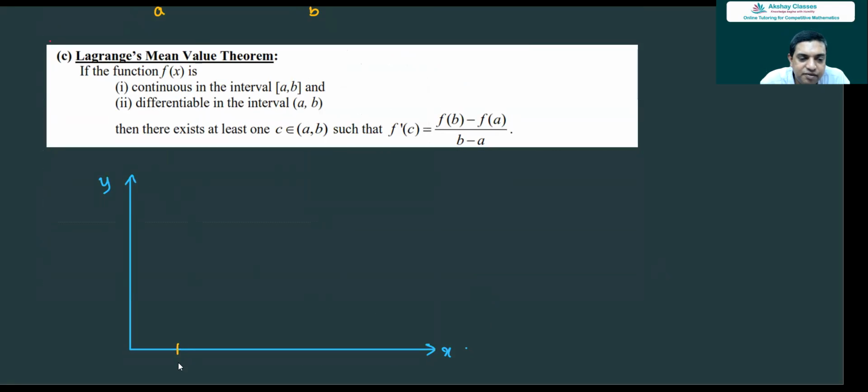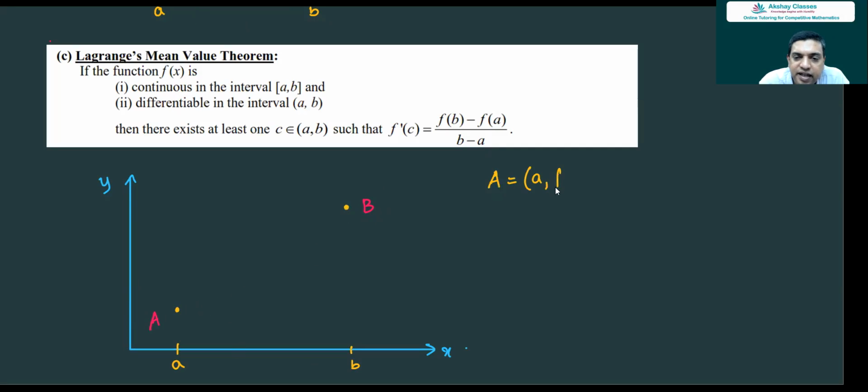So let us say we have A, B. Now f of A is not equal to f of B. So let's say f of A is here and f of B is here. Let us take these 2 points, A, B. What are the coordinates of these points?